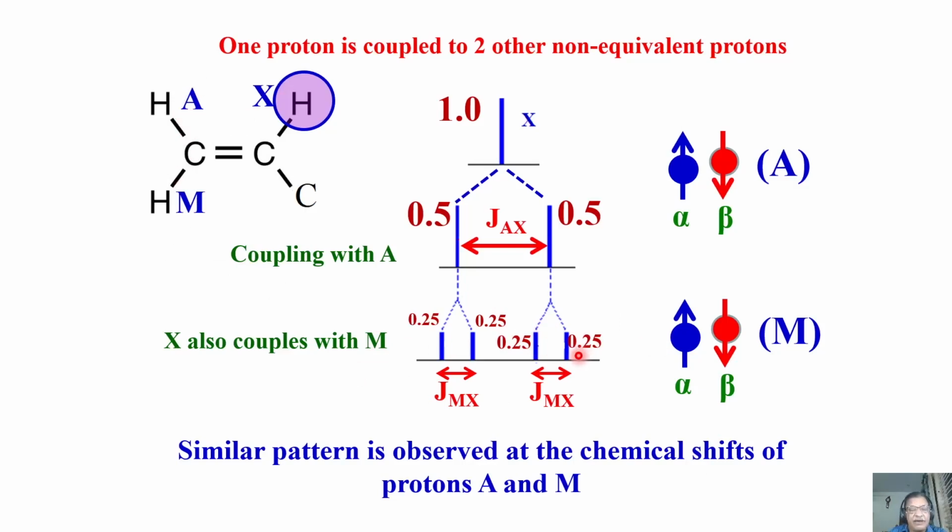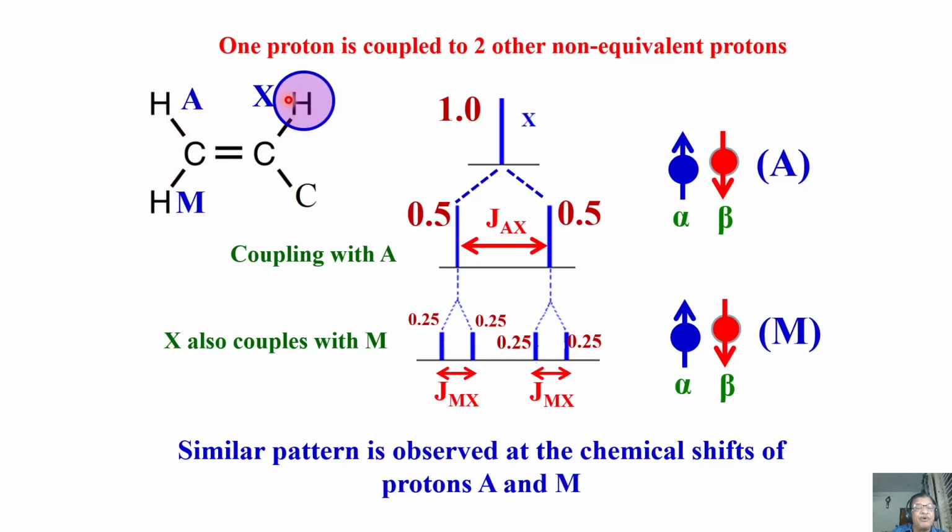Remember, I said four-line pattern, but I didn't say identical pattern. The pattern can be different. Please understand, the pattern can be different because here this coupling and this coupling are two different couplings, and this coupling may be larger and this coupling may be relatively less. This is, I'll tell you when you go further, about cis and geminal coupling, vicinal coupling, etc. So coupling strengths will be different.